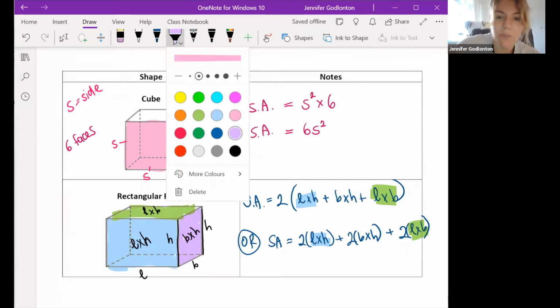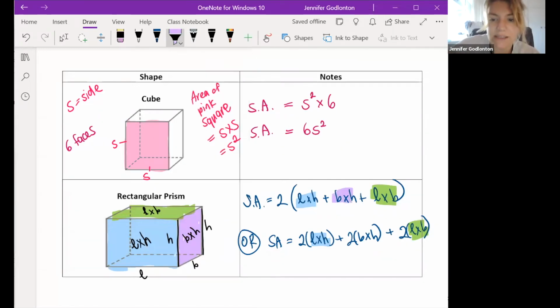And we have got our purple one, which is our base times our height. Neither one of these is wrong to use. Either one of those is fine. The most important thing is don't forget that 2. That's perfect, Anna. 100% fine.